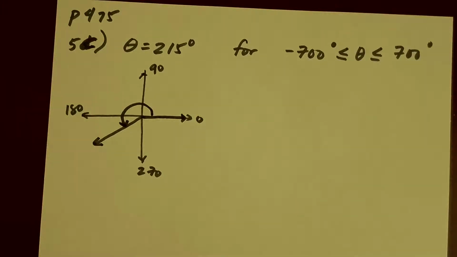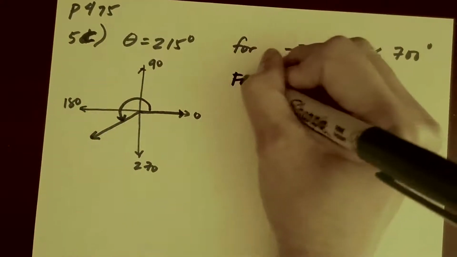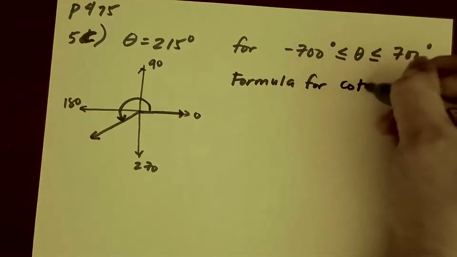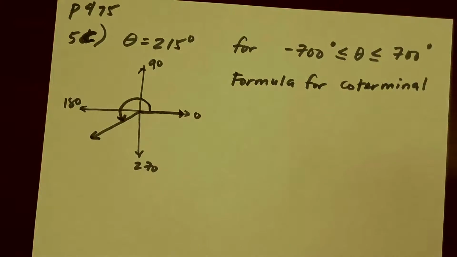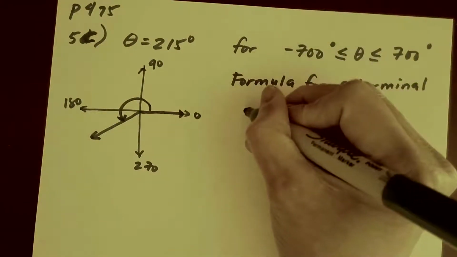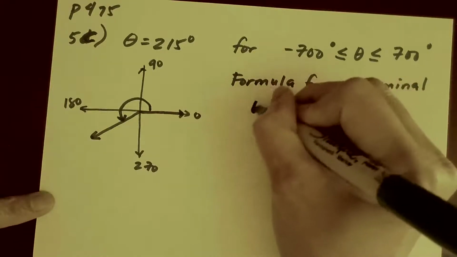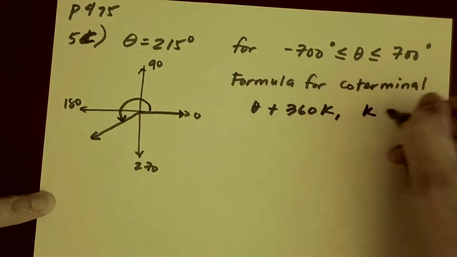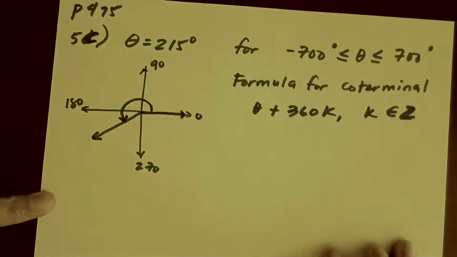So looking for the coterminals, the formula for coterminals. This is basically the general solution for coterminal: theta plus 360 times k, where k is an element of Z, and Z there means integer.